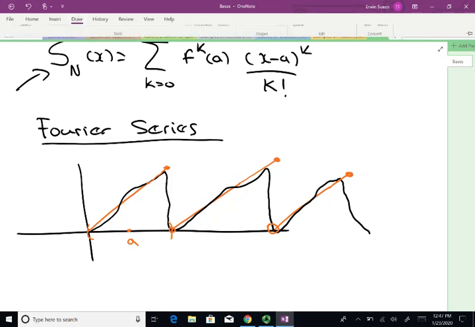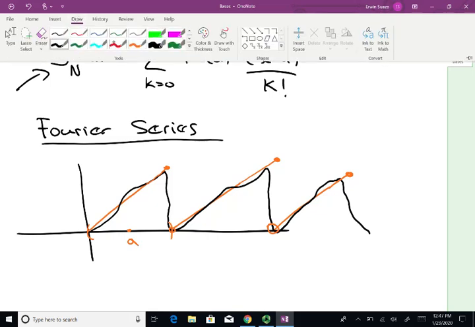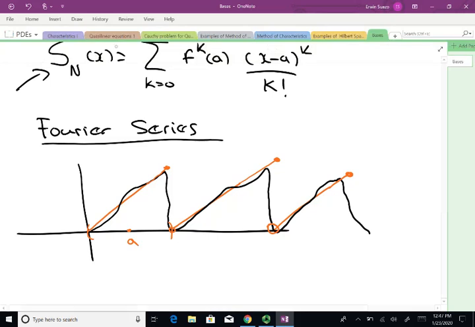But if I do, let's say, 10 derivatives, my approximation is going to look very good. And that's what we want to do. We want to do approximation for this kind of periodic signals.